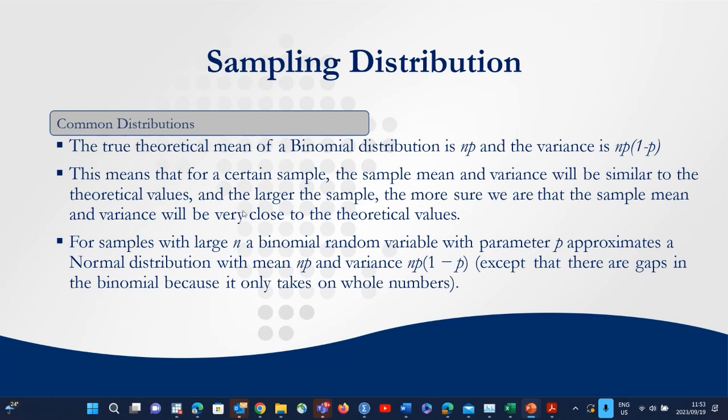And the larger the sample, the more sure we are that the sample mean and the variance will be close to these theoretical properties. I'm just showing you this because when we do statistical testing, we tap into these established properties. That's why they say that when n is large, even if the variable is binomial, it's going to approximate a normal distribution.